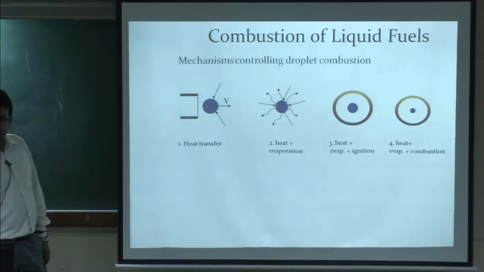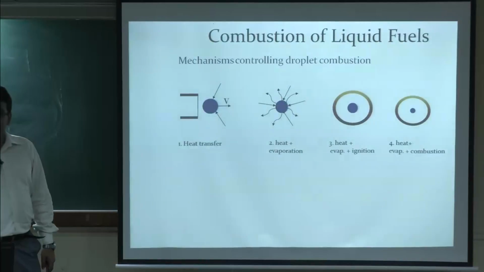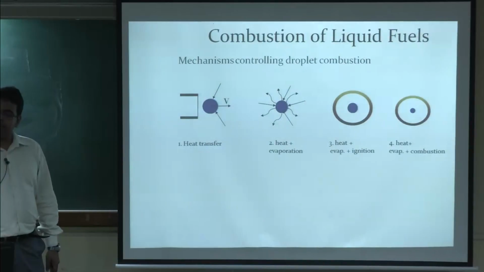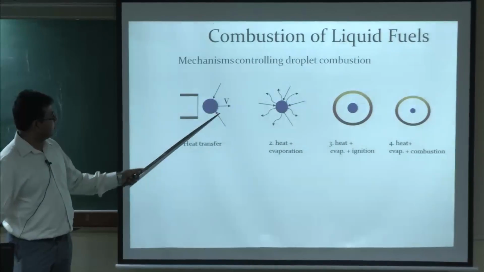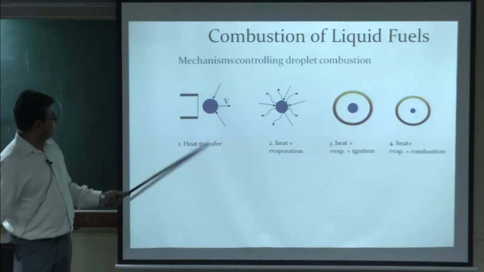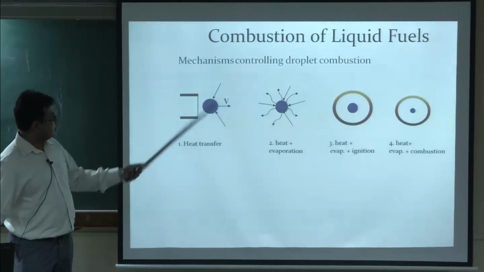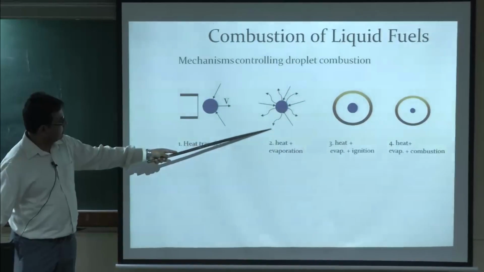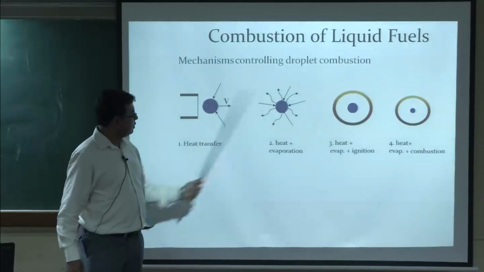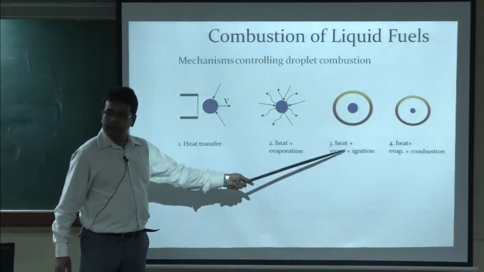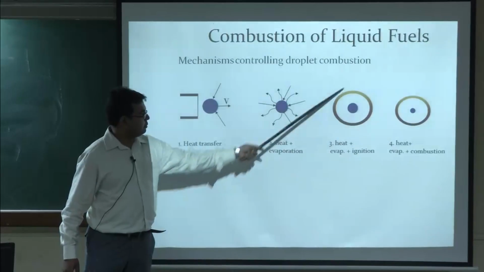So, heat transfer is the main physical process governing the droplet evaporation. When you inject the droplet, it comes into the domain with a certain velocity, and then heat diffuses in, and then there is evaporation, and after a certain distance from the injector it starts igniting, and there is a first appearance of the flame.